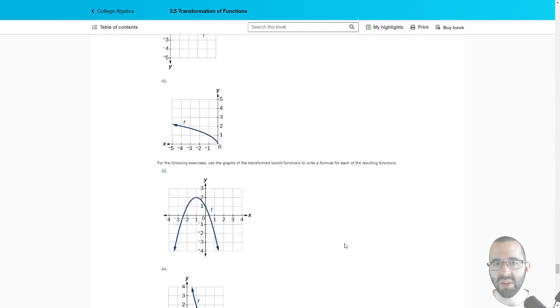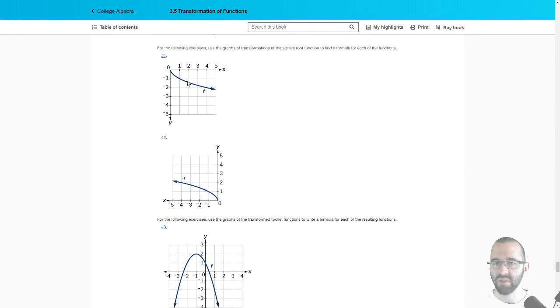And then there's the more complicated function transformations like reflections. This is the square root function that got reflected upside down. So that's a negative on the outside. Upside down is a vertical change. That's why we know it's the negative on the outside. Whereas this got reflected to the left. That's a horizontal change, so it means it's going to be a negative on the inside.